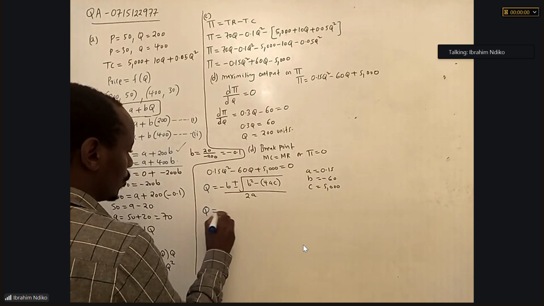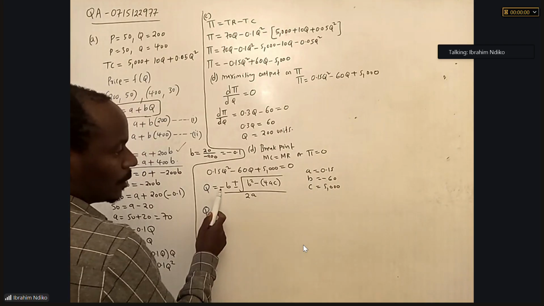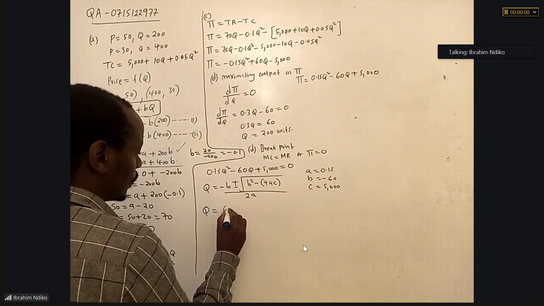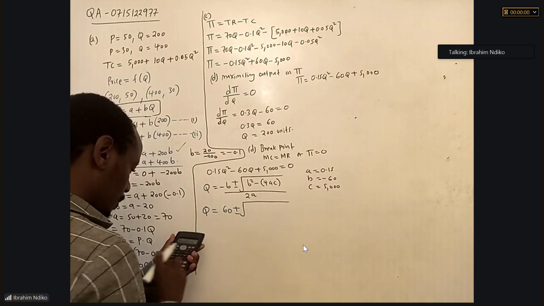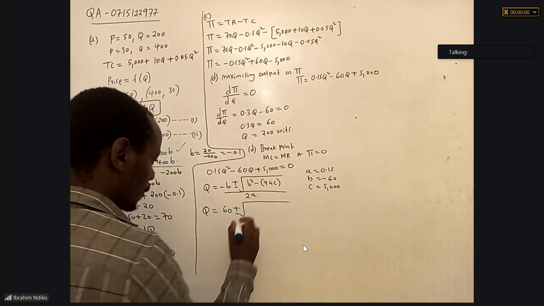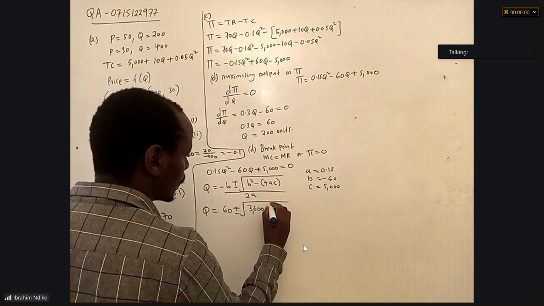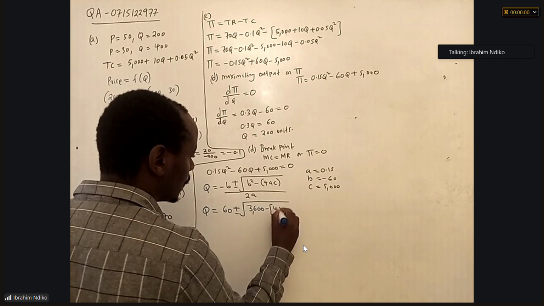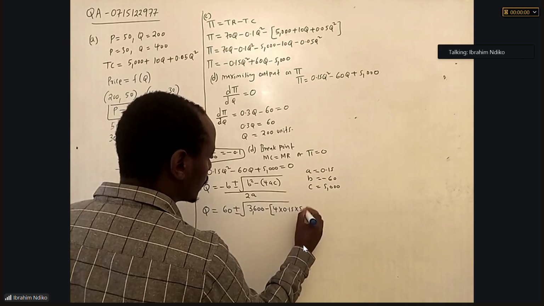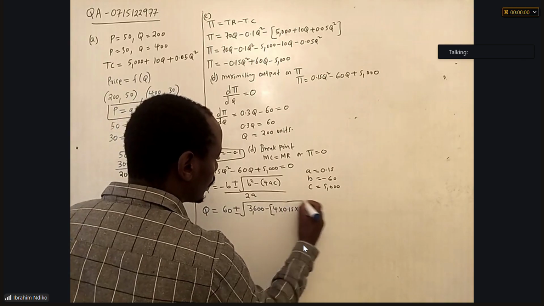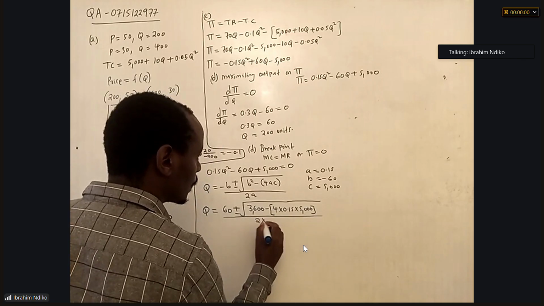Q will be equal to minus b, b is minus 60, so minus minus 60 equals 60, plus or minus the square root of 60 squared, which is 3,600, minus 4 times a, which is 0.15, times 5,000, over 2a.